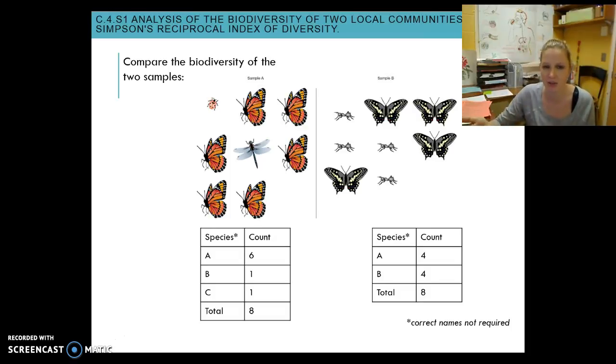I suggest that you use letters so that you don't get them confused with the counts that you're actually doing. So in this case, there are 6 butterflies, so that's species A, there's 6, there's 1 dragonfly, and there's 1 ladybug. Over here, there's 4 moths, or butterflies, whatever they are, species A, 4, and 4 ants. Hopefully that makes sense, right? We're not going to worry about specific names.